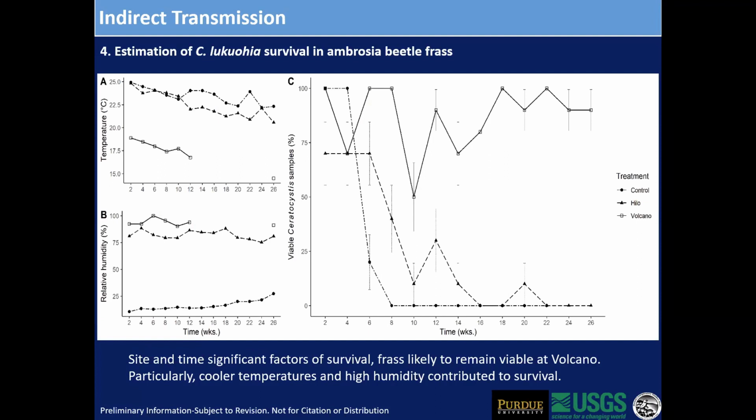We had 3 study sites, including a control incubator. These are the different markings so I can walk you through this. We had a control incubator, and the temperature and relative humidity are shown here. The control incubator was set at 25 degrees Celsius, but it did not control for humidity, as you can see here.